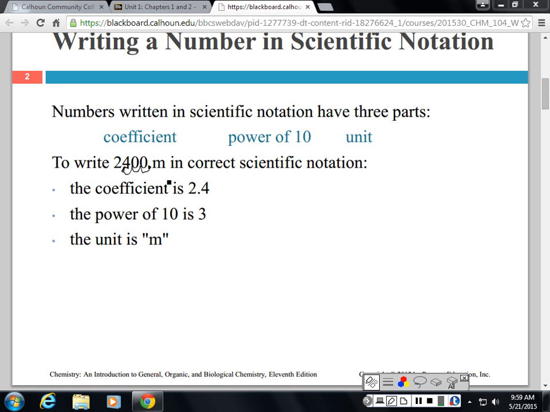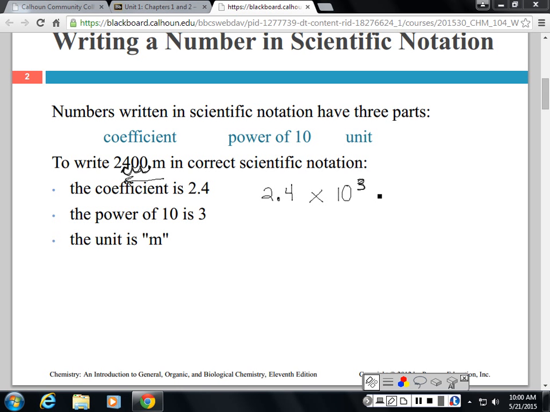If I move my decimal to the left, that means I have a big number. So I get 2.4 times 10 to the third, because I moved my decimal over 3 places. So 1, 2, 3.